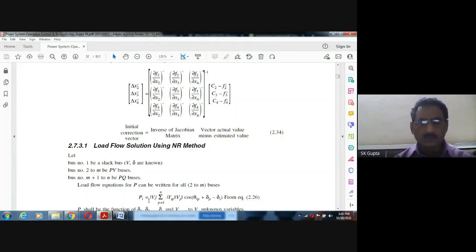If it is a 20 bus system, this will have 20 terms. So P2, P3, P4 are known.